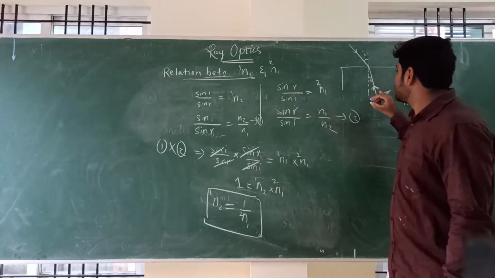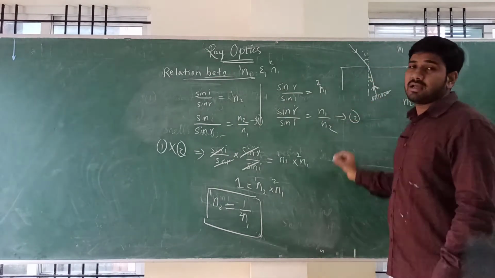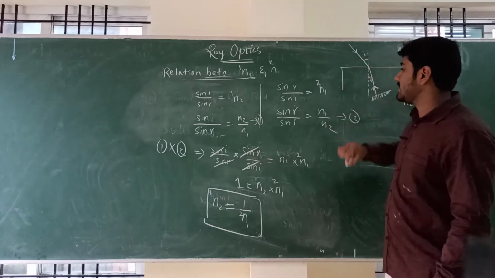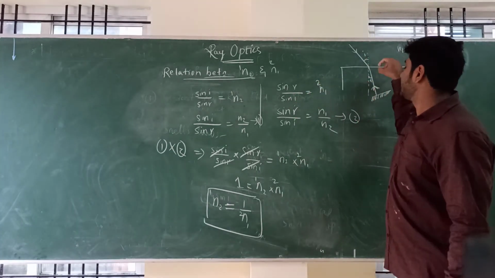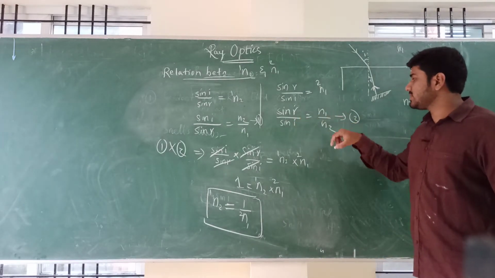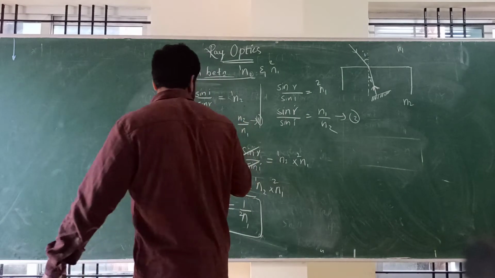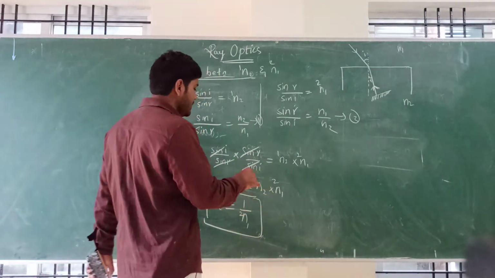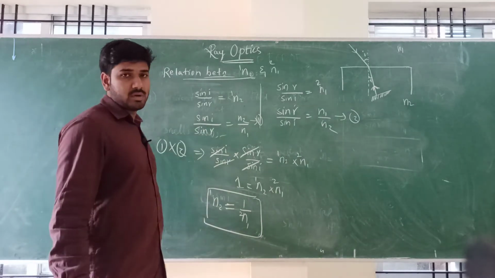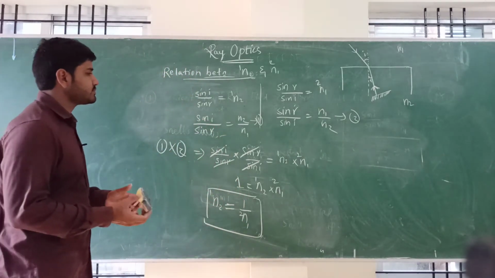In the second case, the ray is traveling from glass to air, hence this angle becomes the angle of incidence and this angle becomes the angle of refraction. Therefore sin r by sin i is equal to N12. Now multiplying 1 and 2, sin i by sin r into sin r by sin i is equal to N21 into N12. So finally N21 is equal to 1 by N12. So this is the case.